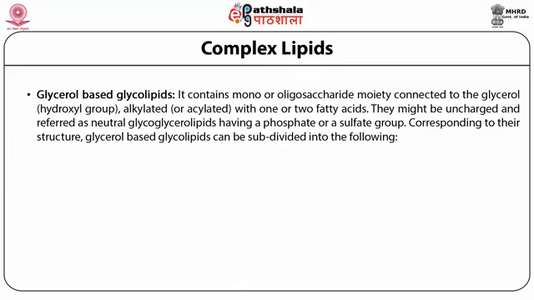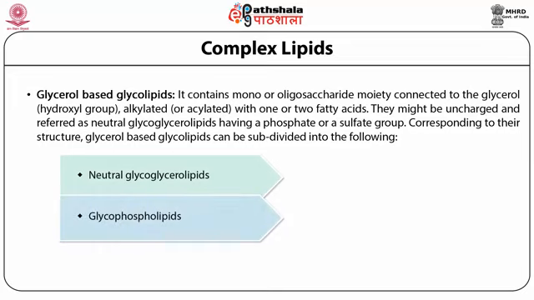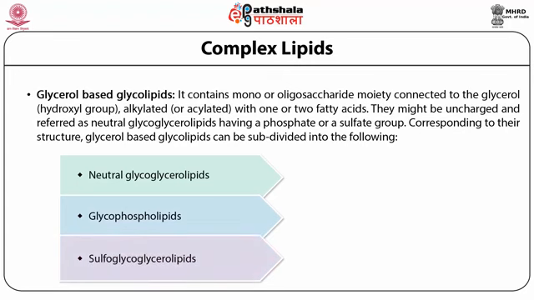Corresponding to their structure, glycerol-based glycolipids can further be subdivided into the following: neutral glycoglycerolipids, glycophospholipids, glycosulfoglycerolipids. Another type of the lipids is neutral glycoglycerolipids.